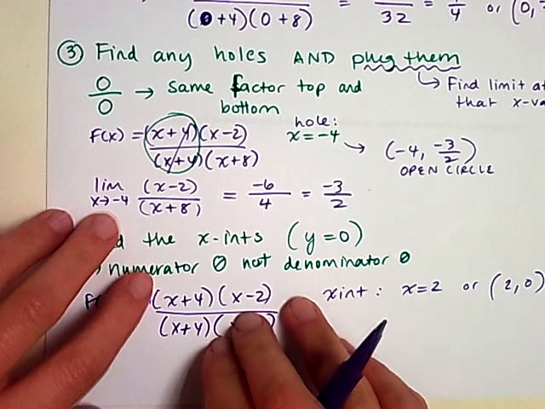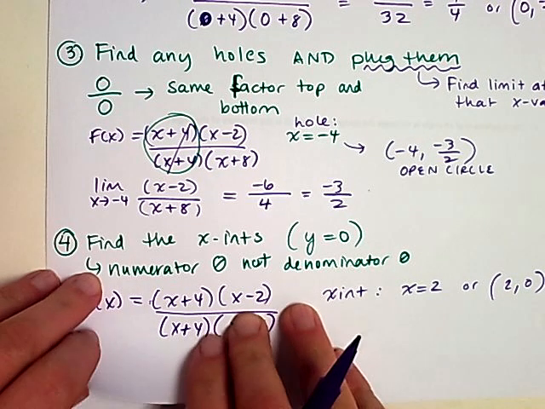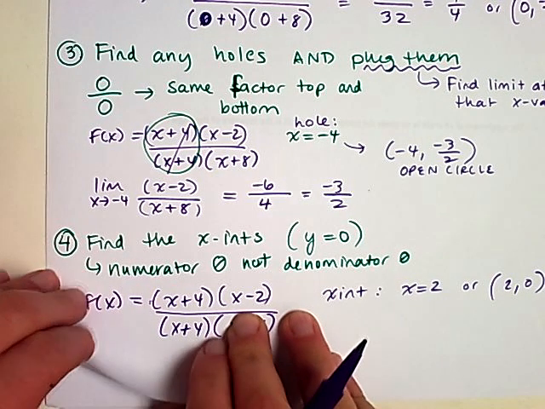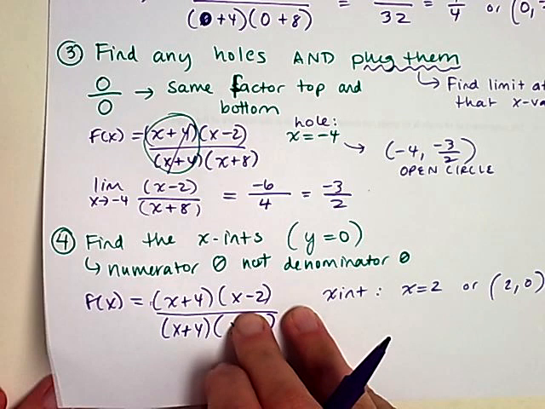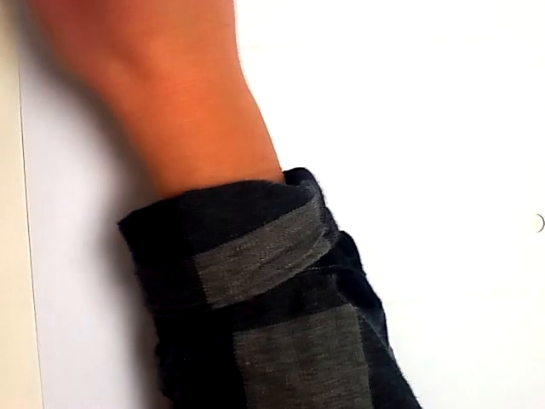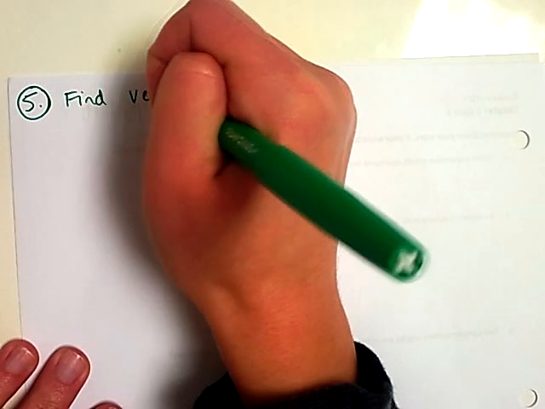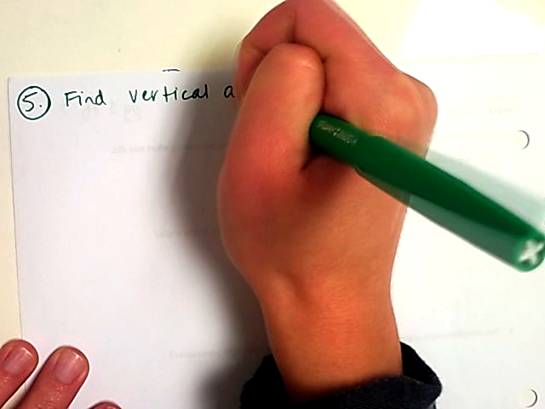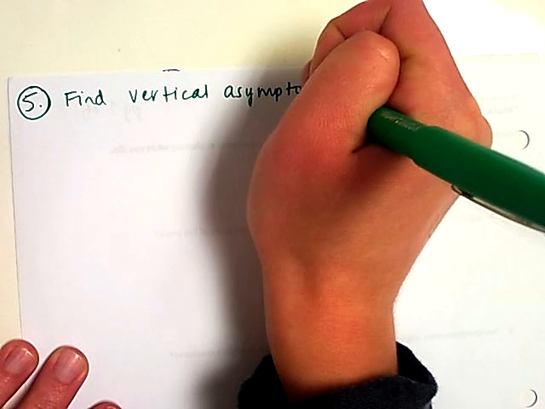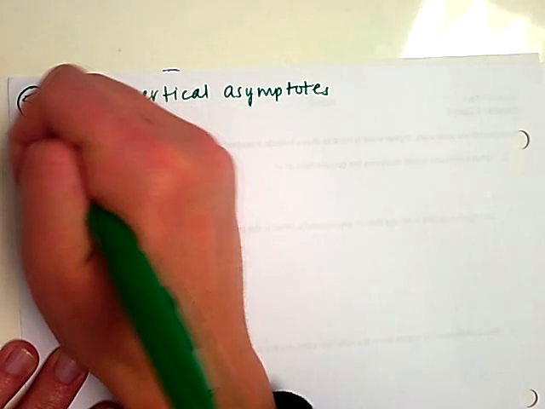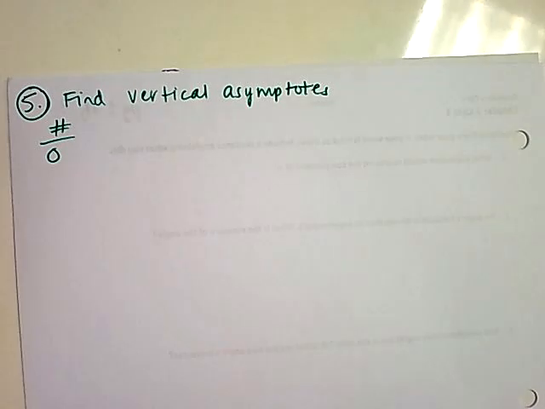Okay, so moving along, we have a couple more things to find, but all things that we've been working on already in class. So my next step is going to be to find any vertical asymptotes. And we know from our limits unit that's where we get a number over 0.